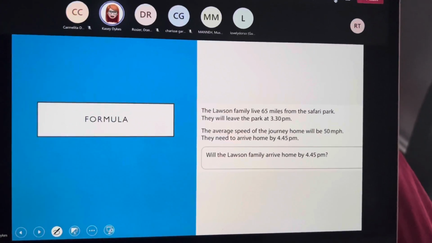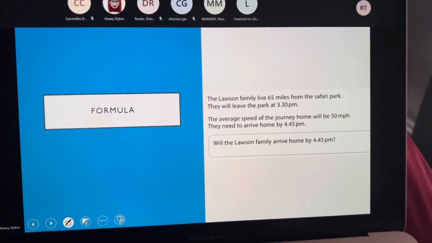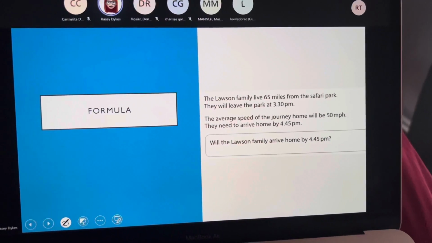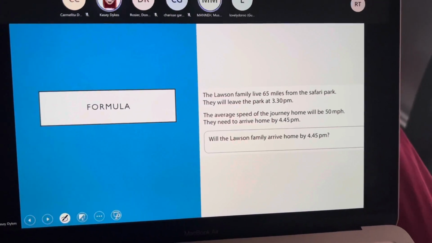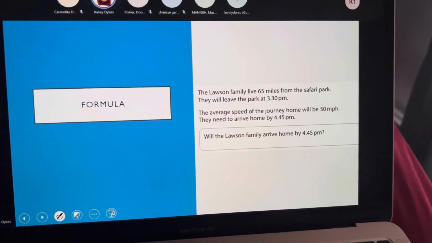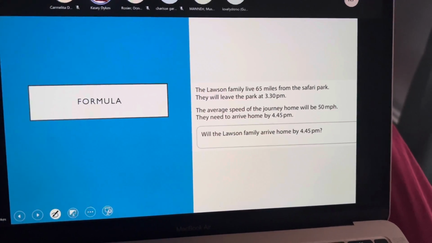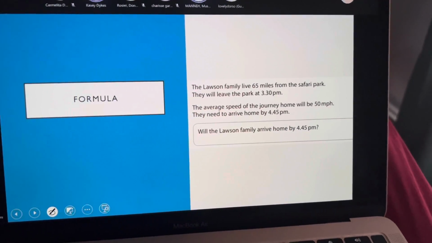Will they arrive home by 4:45? So this is a 3-mark question. So you have 3 minutes for this one. You haven't been given a formula here, but you need to try and remember your formula triangle for your distance, speed and time. So take 3 minutes for this one.